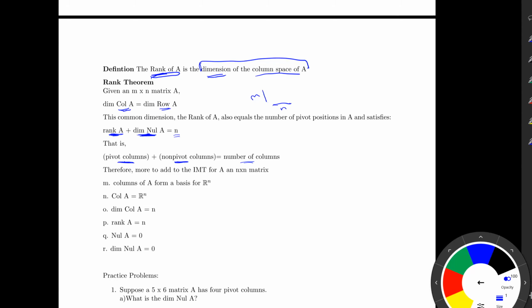If I had an N by N matrix, I could add to my invertible matrix theorem that the columns of A form a basis for Rn, Col A equals Rn, the dimension of Col A is N, and rank A is N, because these are the same thing. Null A is 0, because there are no free variables, and the dimension of Null A is 0.